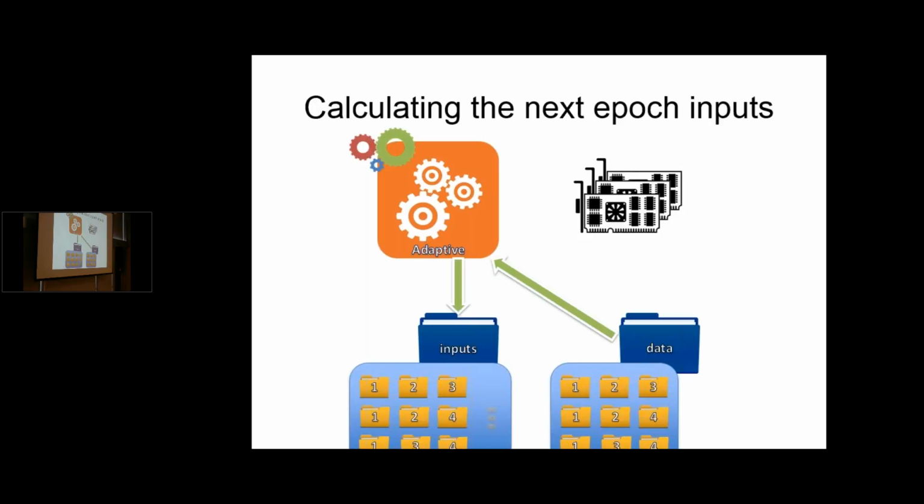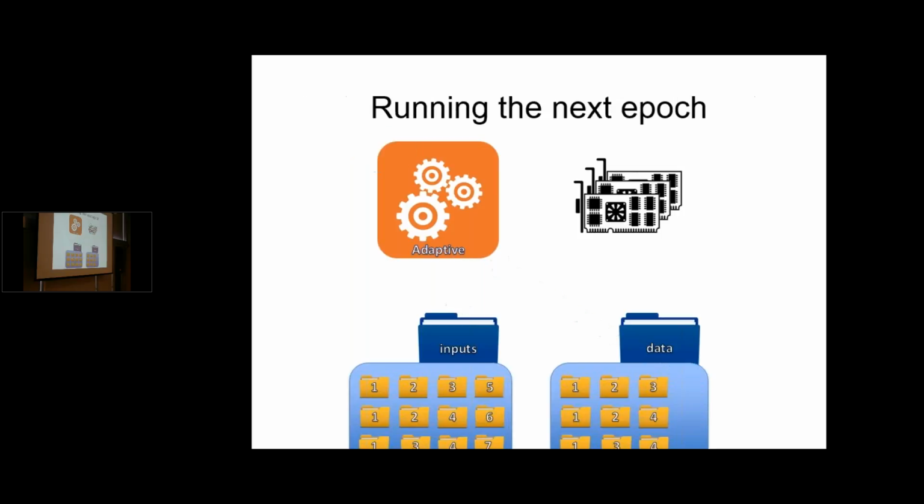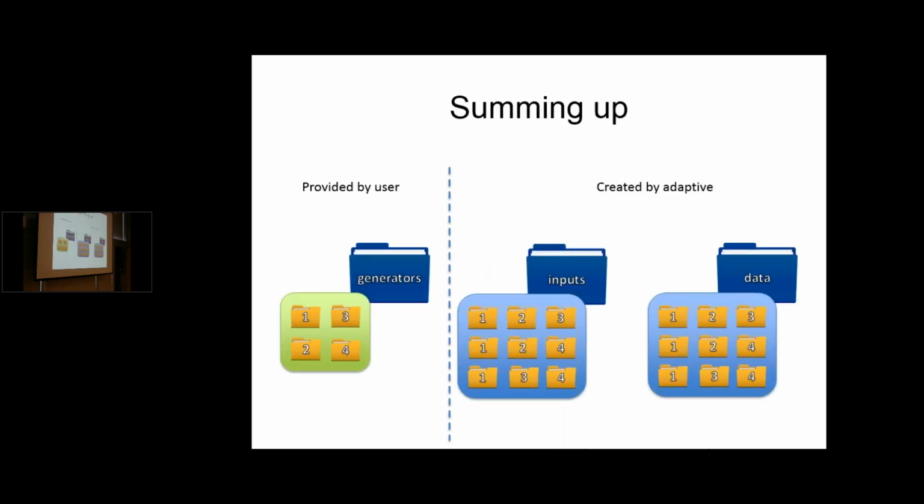And it's going to write starting conformations for those interesting poses inside the inputs folder with new names like 5, 6, 7. I'm going to tell you later that these are not really the folder names. And then we run the next epoch, which takes this 5, 6, and 7, the new simulations, and sends them to the GPU. And then the GPU returns the completed simulations. So you keep doing this in loops, essentially, in what we call epochs.